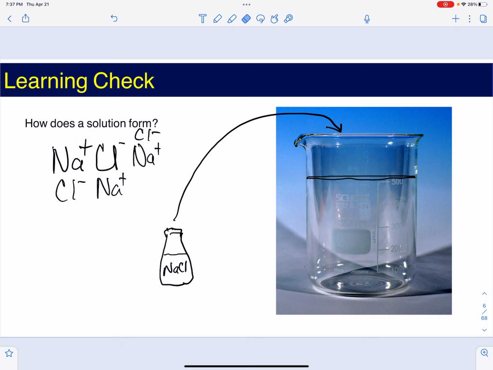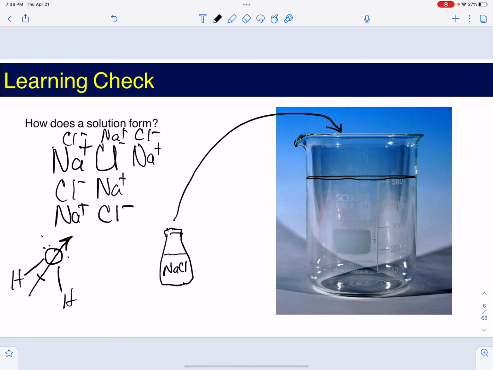And you're going to put that salt into the water. And what we're going to find out is that the moment you put it in the water, and what do we know about water? We know that water has a Lewis structure like this. And we also know that water is going to be a polar molecule. So we learned that recently. So water is going to be like that.